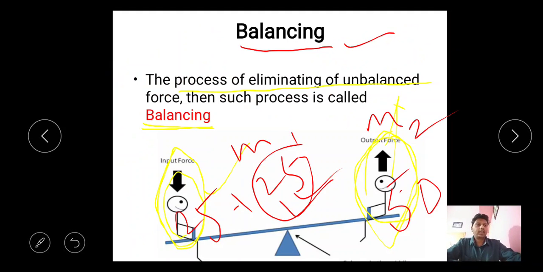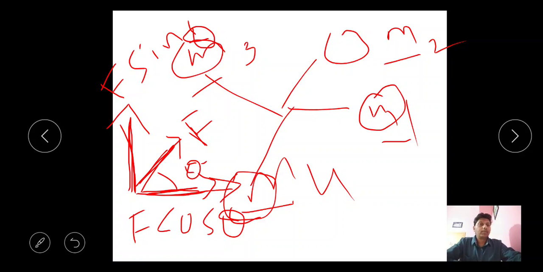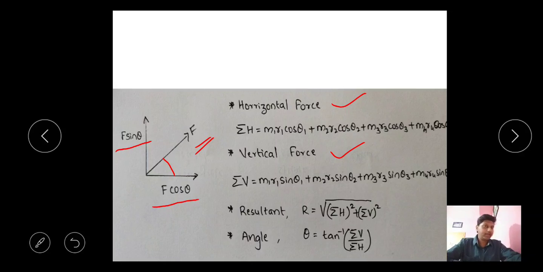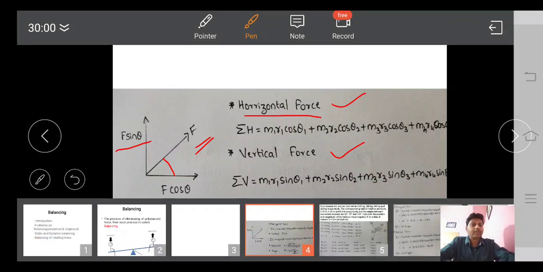Here, how many forces are there? M1 is there, M2 is there, M3 is there and M4 is there. There are 4 masses. If I take 4 masses, what will be the horizontal force? For one it is F cos theta.